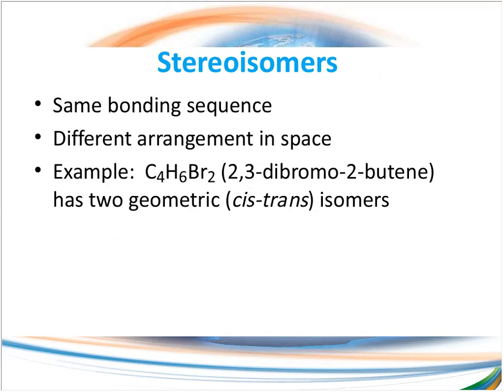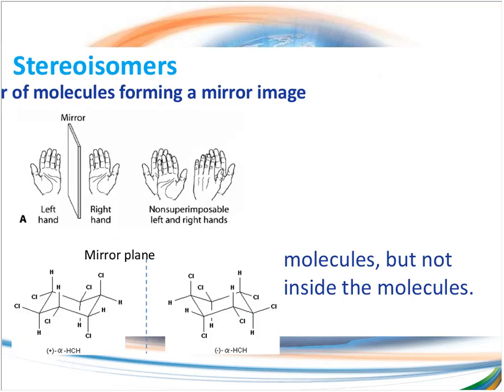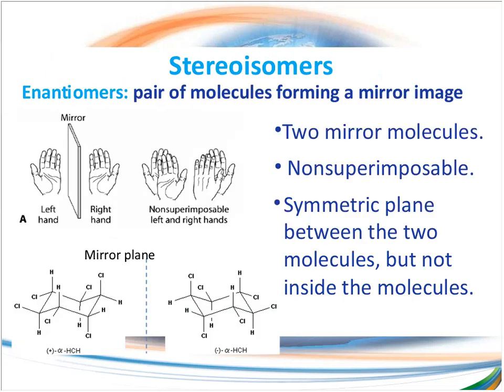For example, the chemical C4H6Br2, which means with 4 carbon atoms, 6 hydrogen atoms, and 2 bromine atoms, has 2 geometric forms, a cis and a trans isomer. And stereoisomers are molecules that are the same, but one molecule is the mirror image of the other molecule.